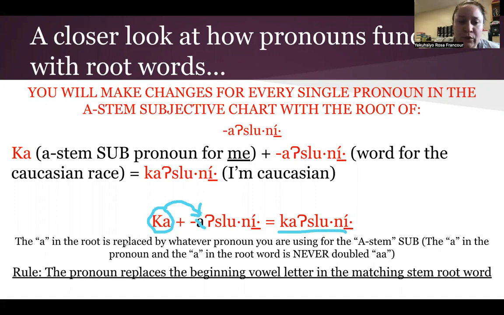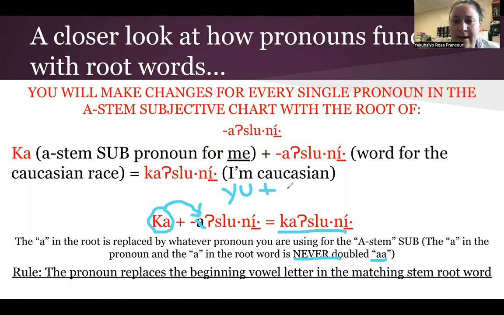The A in the root is replaced by whatever pronoun you are using for the A stem. The A in the pronoun and the A in the root word is never doubled. It is not an AA. You can think about it as a shared A, or the same A, but that's not necessarily true, because of changes like if you wanted to say she is white or Caucasian. Let's do another one. Yu is the A stem pronoun for she.